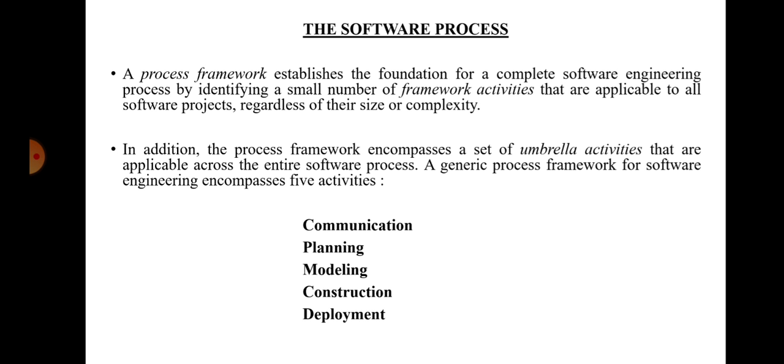Then we create some architecture or hierarchy, that is called a model, based on user requirements. After that we create some code, that is construction. Finally we deliver the product to the customer, that is deployment. So these are the 5 framework activities which are involved in the software process. The main aim is to develop a software product.